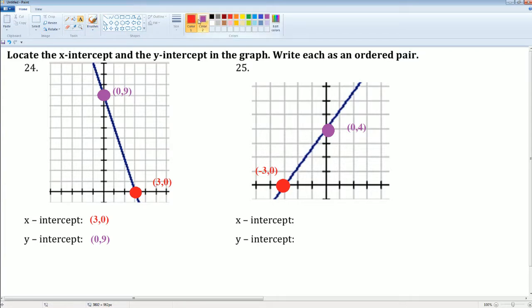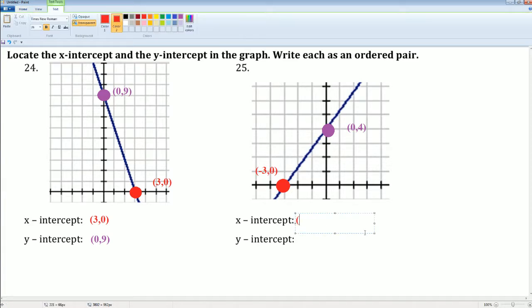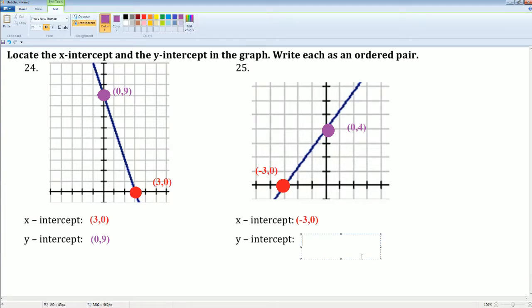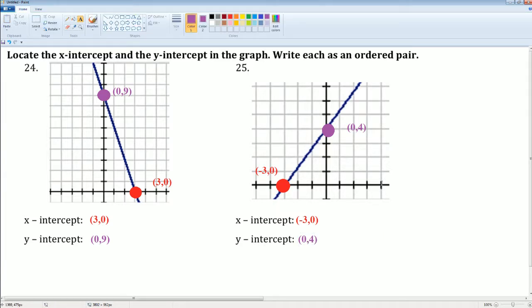So -3, 0 is the x-intercept, and the y-intercept is the one in purple, which is going to be 0, 4. There you go. That is 24 and 25.